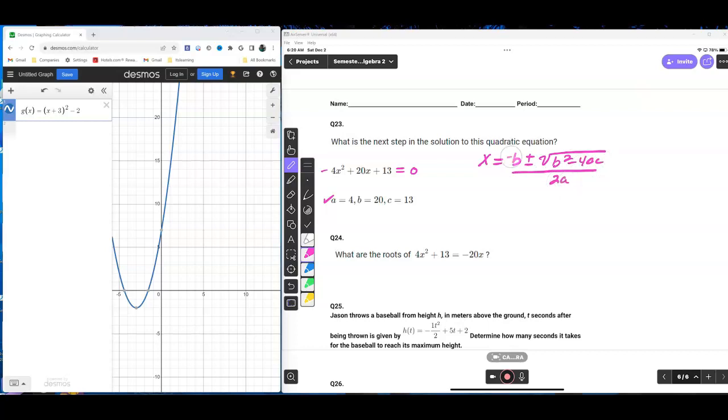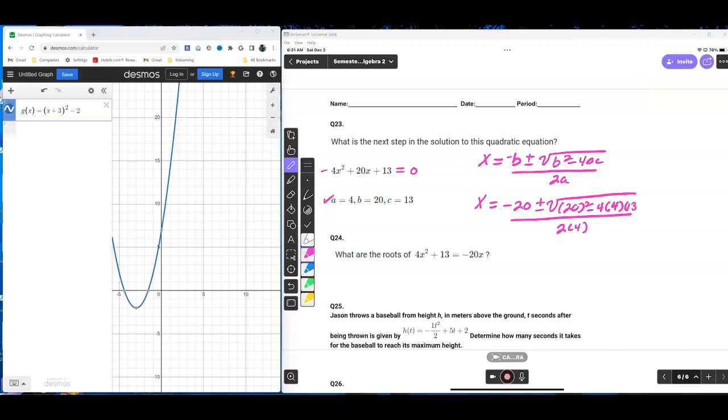So X equals negative 20 plus or minus square root of 20 squared minus 4 times 4 times 13, divided by 2 times 4. So that's the steps for the quadratic formula.